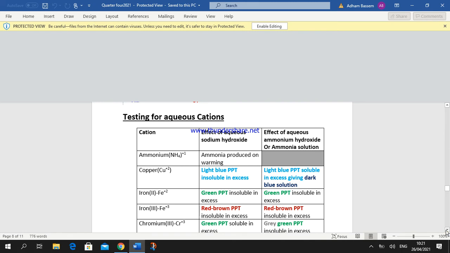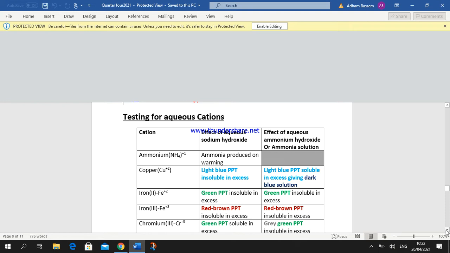In qualitative analysis for cations, two key observations must be recorded. Number one, the color of the precipitate that forms. And number two, the solubility of the precipitate in excess reagent, and the color of the resulting solution after it dissolves.